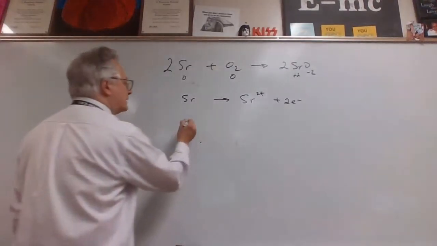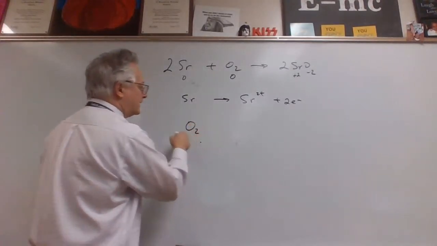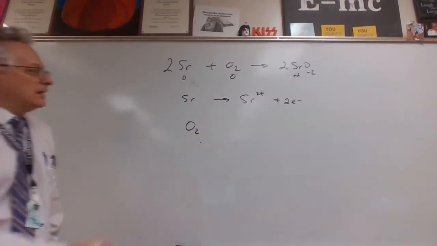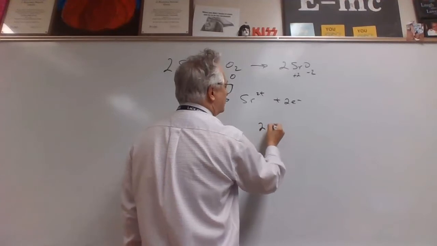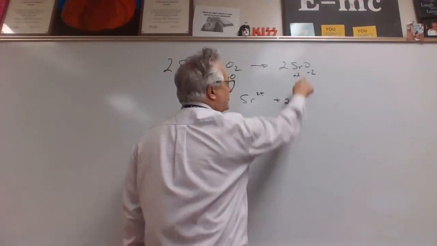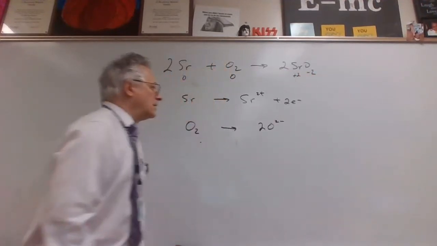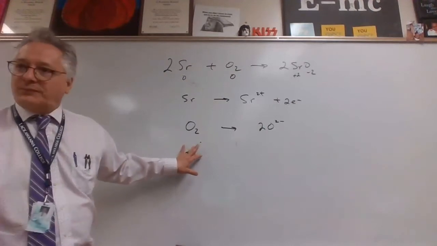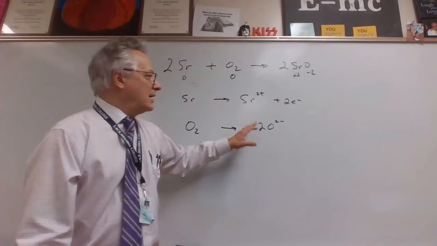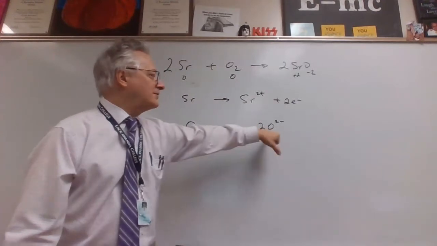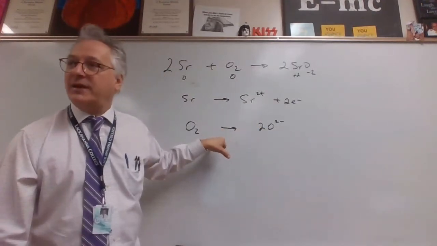And now let's take a look at this O2. Now don't be frightened because it's a diatomic element. Draw the arrow. And on this side, I'm going to have 2 O with a -2, right? So you might be thinking, well, how many electrons do I need? Well, look at it this way. The charges have to be the same on both sides of the arrow.